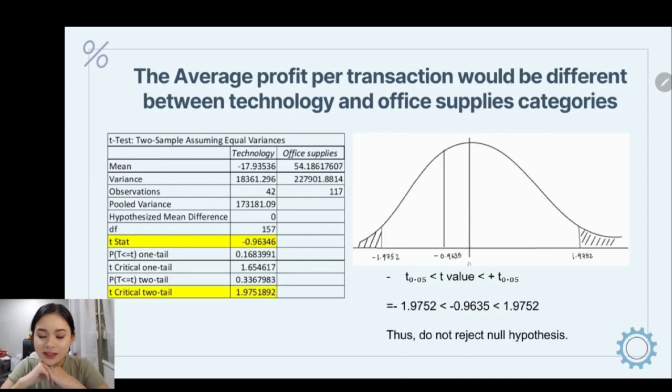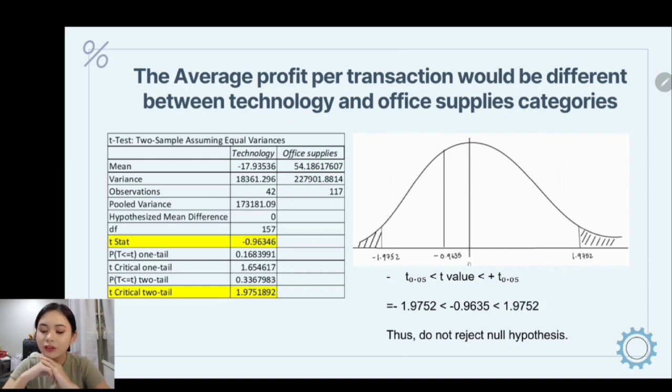Okay, the next slide asks whether the average profit per transaction is different between the technology and office supplies categories. If you look at the highlighted columns below, the t-stat is negative 0.9635 and the t-critical two-tail is 1.9752.